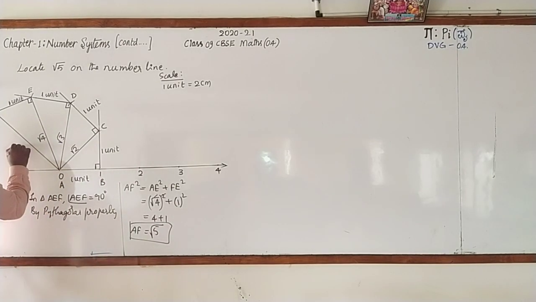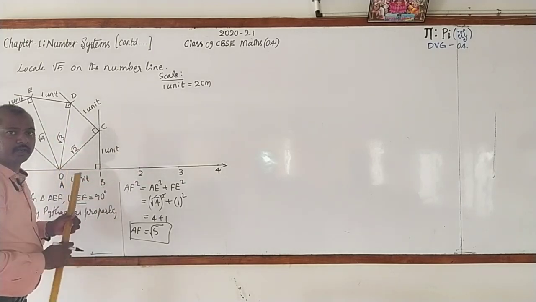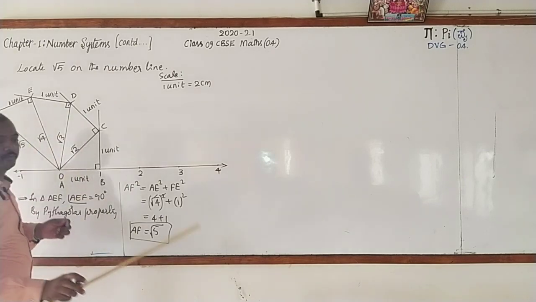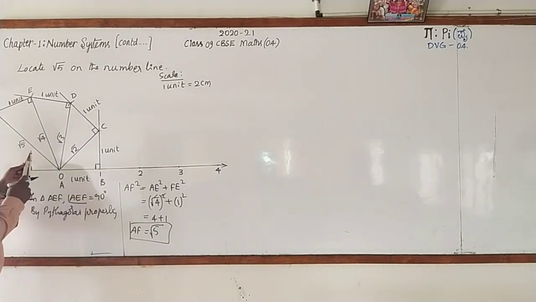Now you can mark here root 5. This is the length of AF. But it should be represented on the number line. Hence, I go for taking the distance of AF using the compasses. Okay, AF should be taken like this.